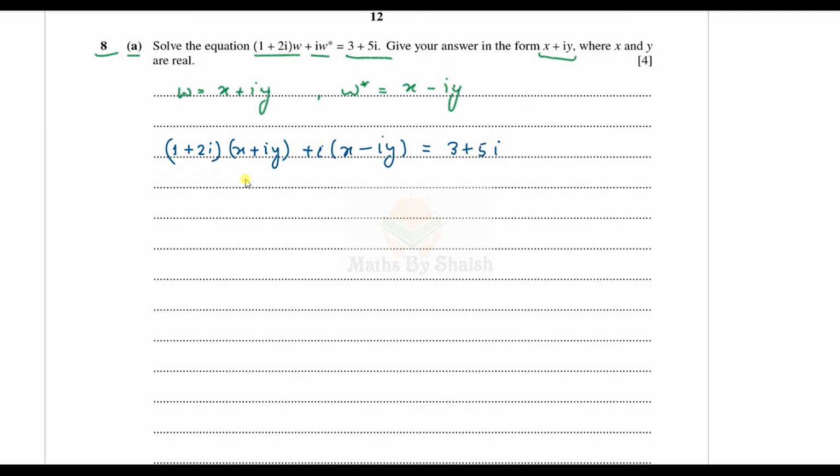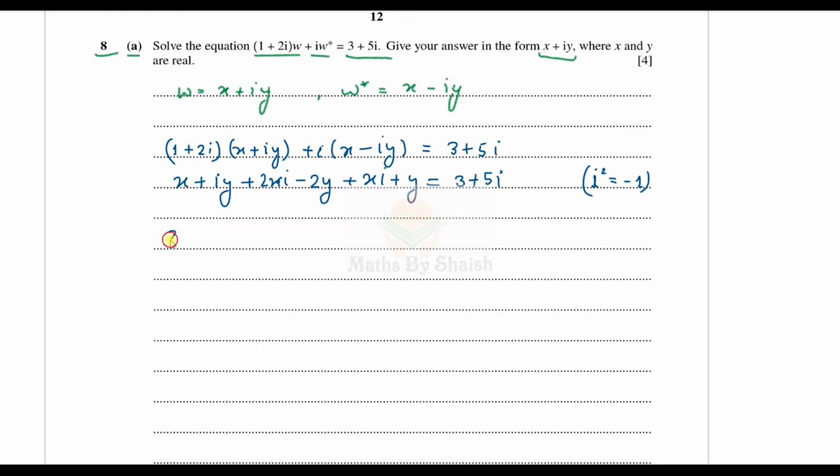Now if we simplify, we will get x + iy + 2xi - 2y + xi + y, because we know that i squared is minus 1. So I have used simple algebra to simplify the brackets and used this property that i squared is minus 1, and I got this. And we'll simplify it to take the like terms together.